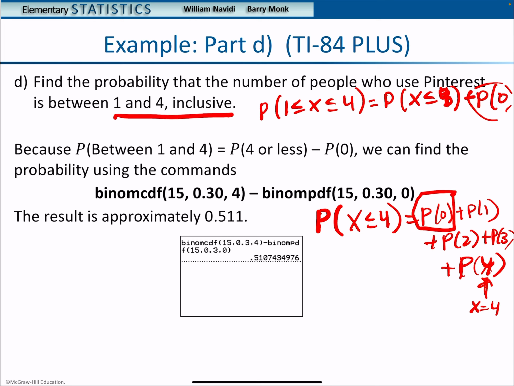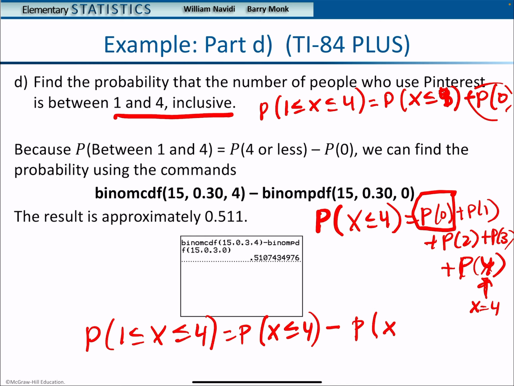So the probability of between 1 and 4 is the probability of x less than or equal to 4 minus the probability of x less than or equal to 0, because we're taking this, or x equals 0. So that's why we do binom CDF of 4 and then binom PDF, this equals 0 here.